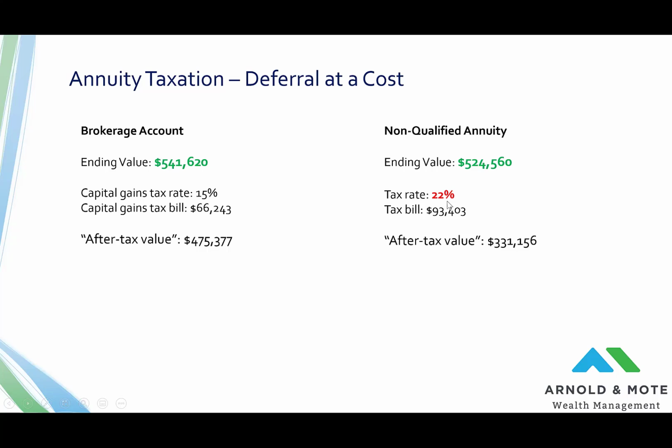You could be much higher, into the 32%. But just for the best scenario here, I'll assume you're in the lowest tax rate possible. And again, you're paying 22% on, in this case, 424,000 because that initial $100,000 investment is not taxed. That means you have a $93,000 tax liability if you're withdrawing this balance at 22% tax rate.